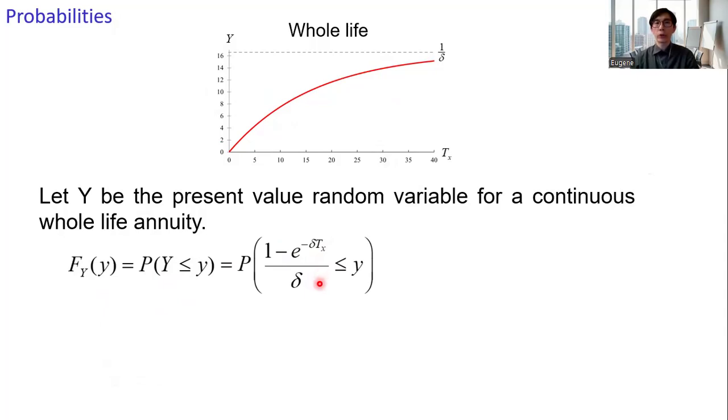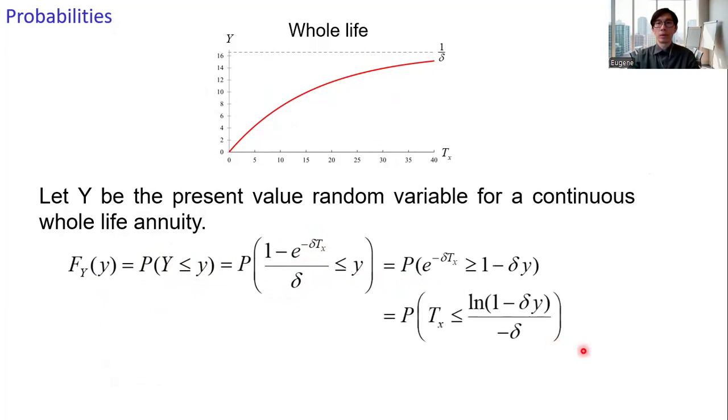And here we are going to convert this probability statement using the random variable Tx. That is, to get the probability of Y less than or equal to small y, we can convert it into the probability that Tx is less than or equal to a value with this expression. And this corresponds to the CDF of Tx at this value.